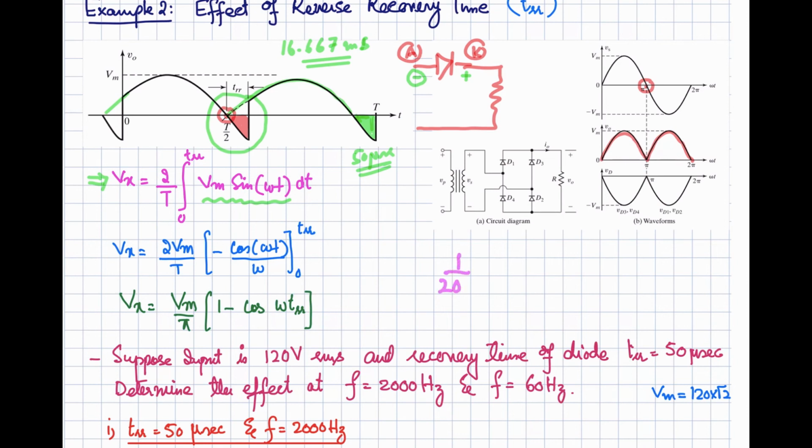1 by 2000 hertz is equal to 500 microseconds. Out of that 500 microseconds, the recovery time is 50 microseconds over here and 50 microseconds over here. It means 100 microseconds is a significant portion of the time period of the 2000 hertz frequency.